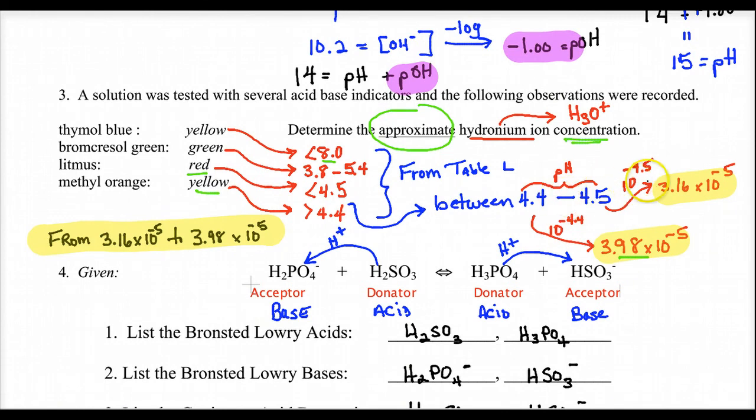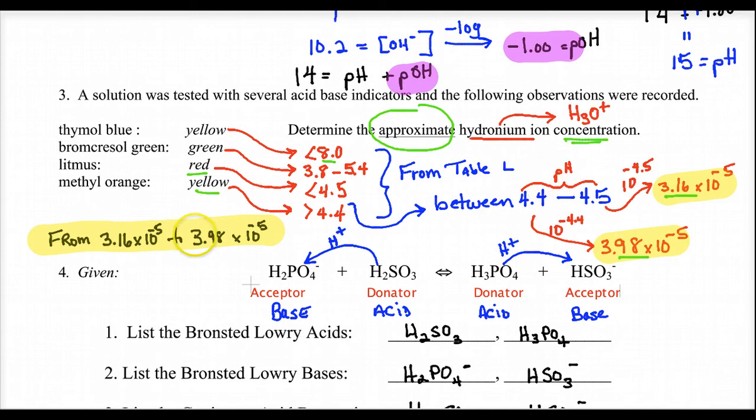This is the range, it's on the negative pH. And this gives me my what? My actual concentration. So if you notice, it goes from 4.4 to 4.5. So we go from 3.98 times 10 to the negative 5 to 3.16 times 10 to the negative 5.